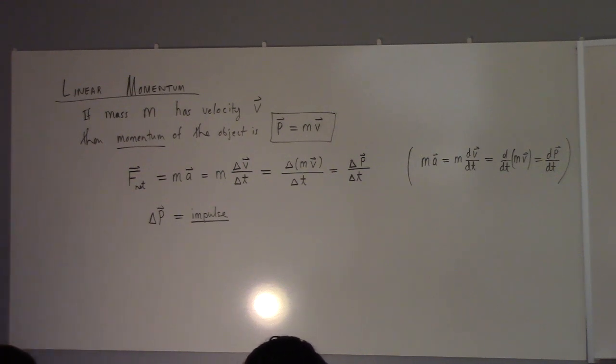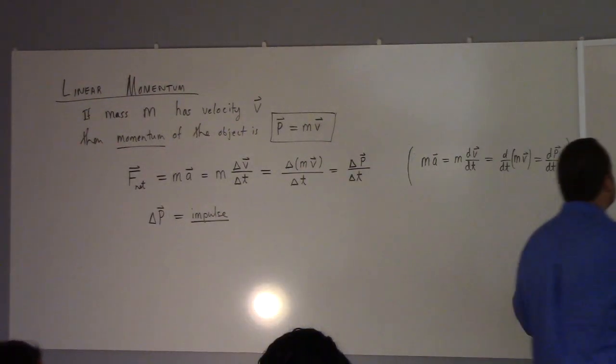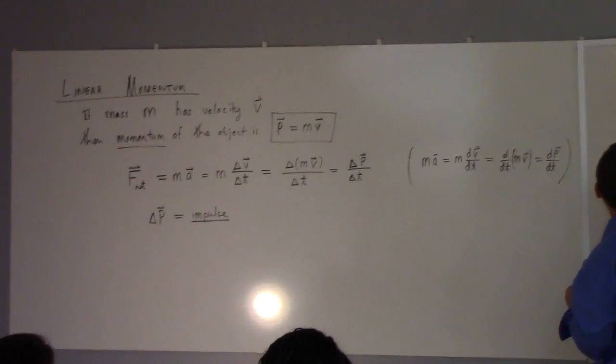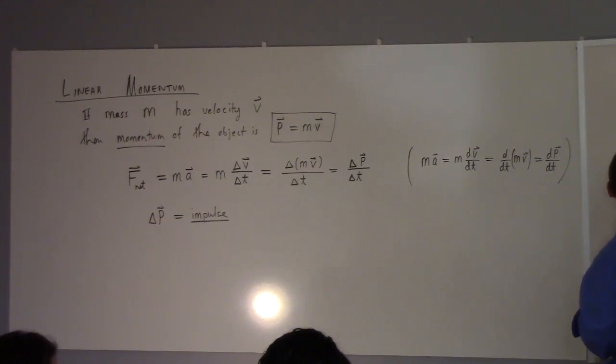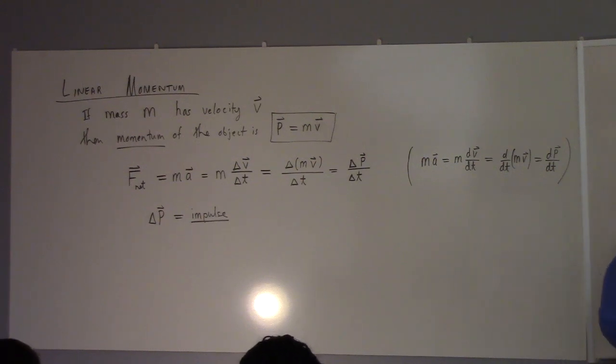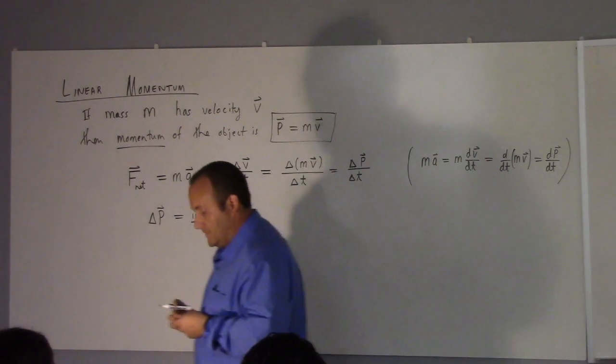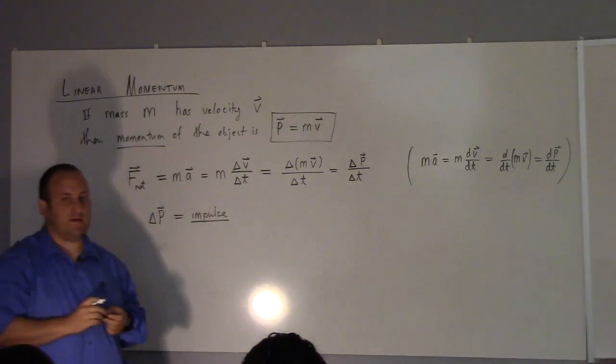All right, so let's move on here a bit. What would happen if we have more than one mass? What if we have two masses? Then the momentum would be m1 v1 plus m2 v2. So the net momentum is the sum of the momentum for the first mass plus the momentum for the second mass.